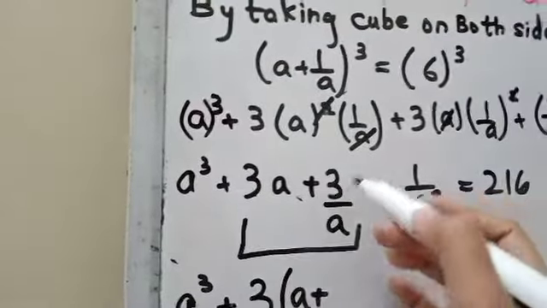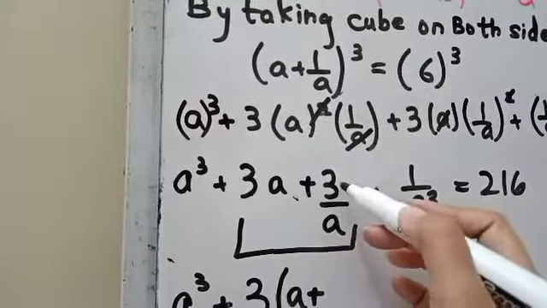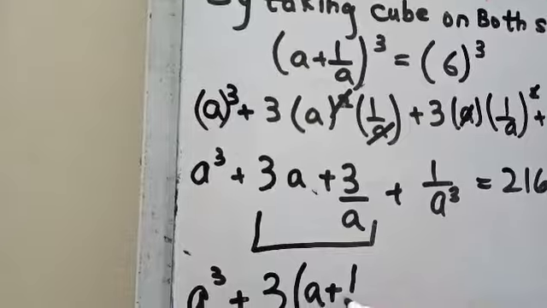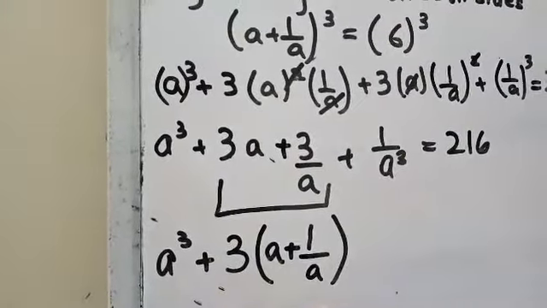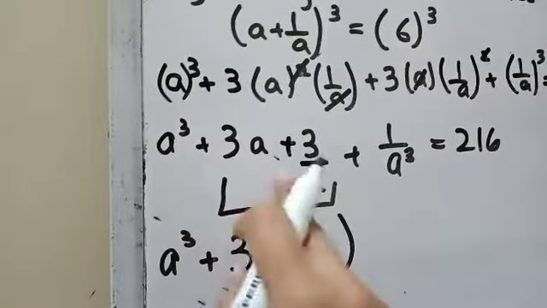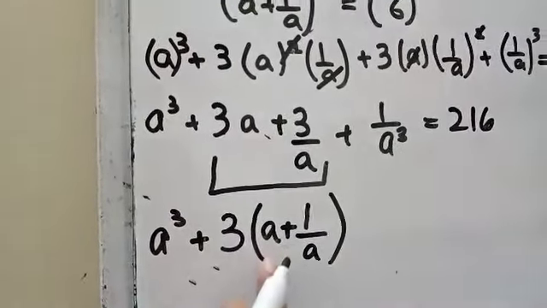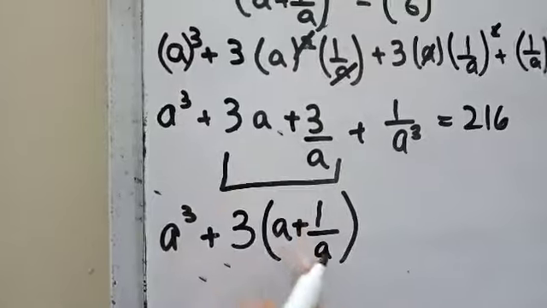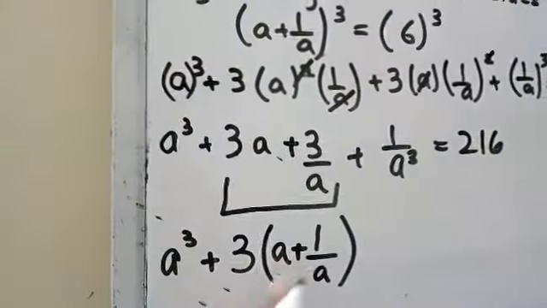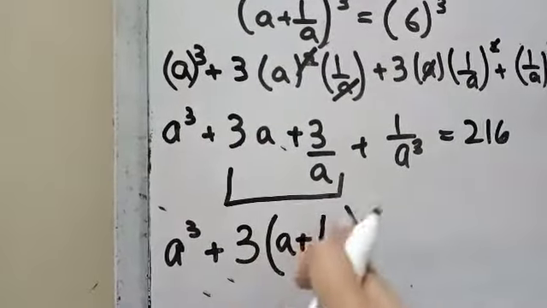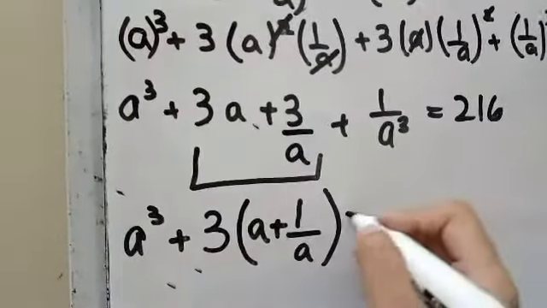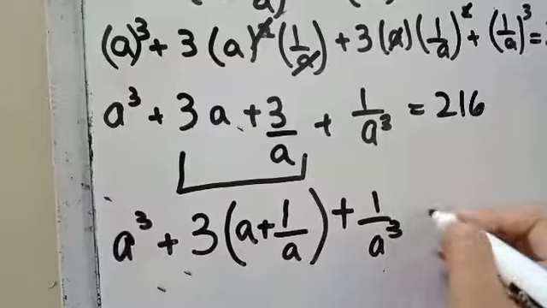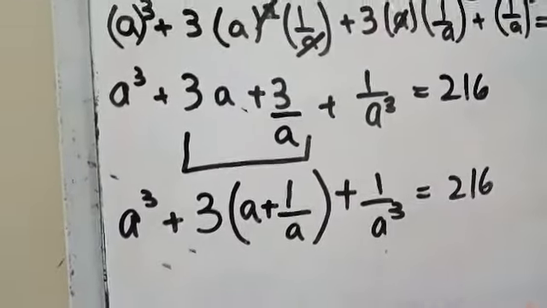Plus sign will come here, 3 I have taken out, so what is left? Instead of 3 I will write 1 upon a. Common means that when you open the bracket, it will give you the same thing. So if I multiply 3 with a, I will get 3a, same term, plus if I multiply 3 with 1 upon a, I will get 3 upon a, so it is giving me the same thing. Plus 1 upon a cube is equal to 216.